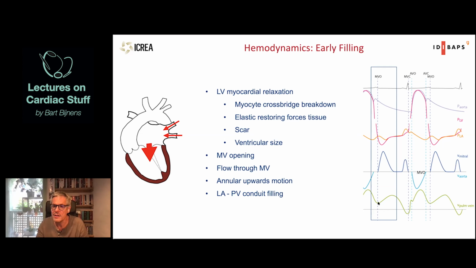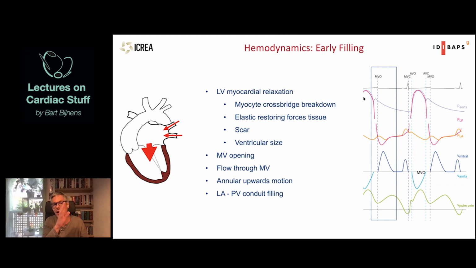When we look in the pulmonary veins, what we said before is that you have this large filling wave also in the pulmonary veins at that period. So just to summarize what I said, what determines this is the intrinsic relaxation of the tissue. So the tissue properties related to myocyte cross-bridge breakdown, which should happen very early on in systole, as we said.